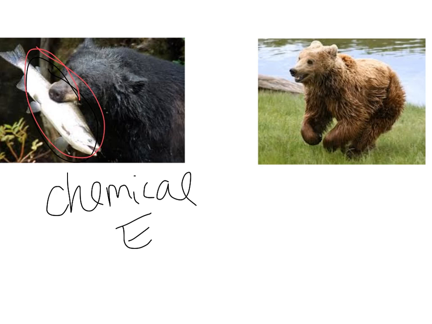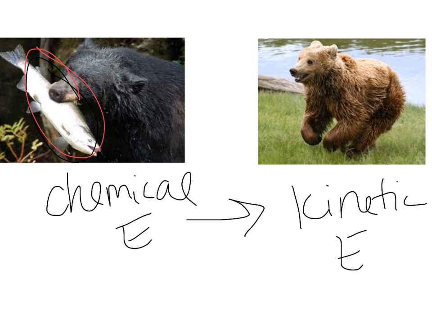It's going to take in that chemical energy. Its body will break down that chemical energy, and it's going to convert that chemical energy into kinetic energy. That's the energy it's going to use to be able to run. And so that would be a change of the form of energy.